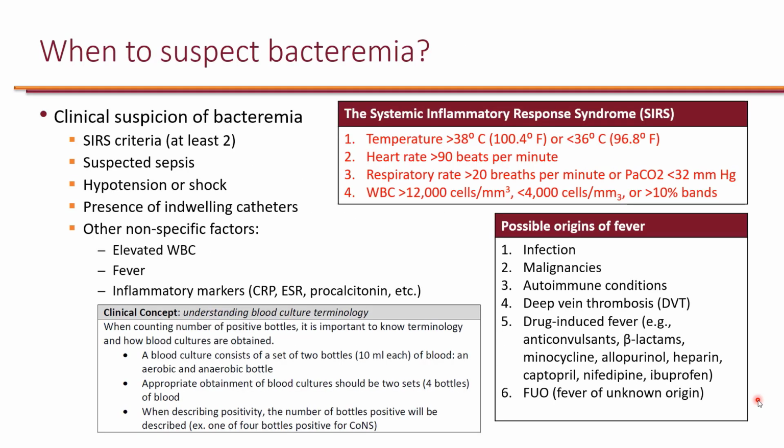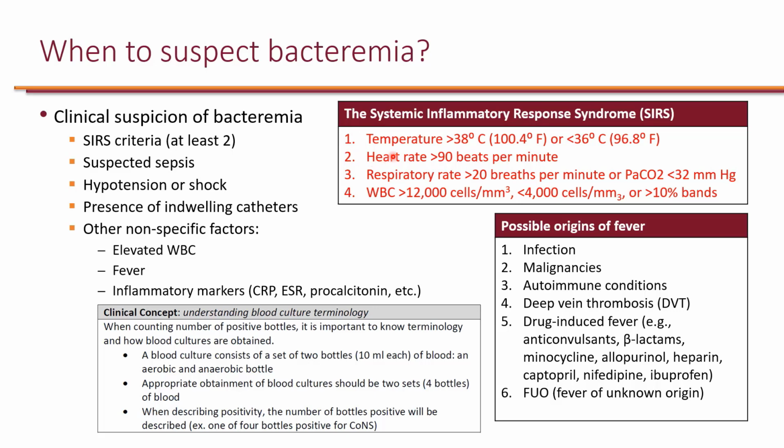Now, when should bacteremia be suspected? There is something referred to as the SIRS criteria, or the Systemic Inflammatory Response Syndrome. And that includes 4 criteria, and if the patient has at least 2 of these, bacteremia should be suspected.